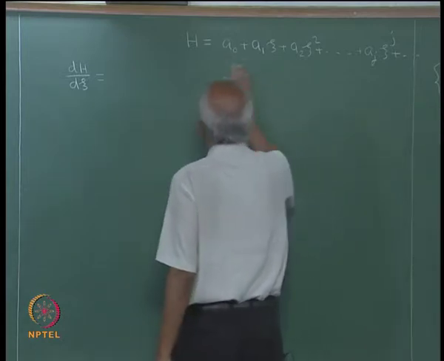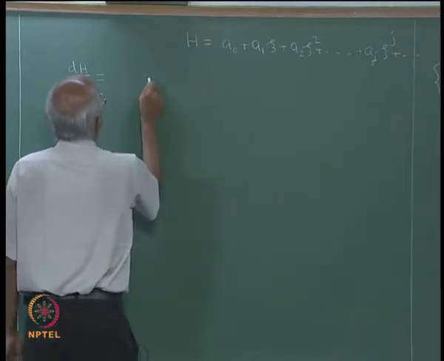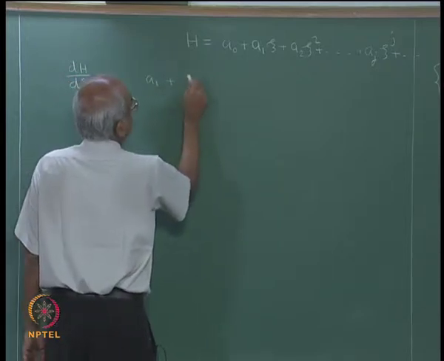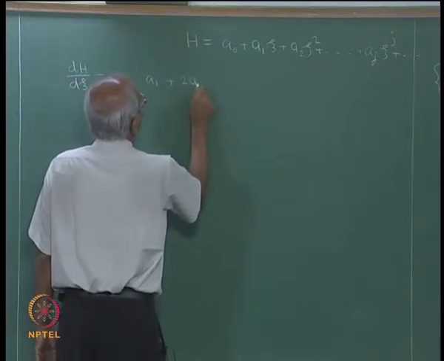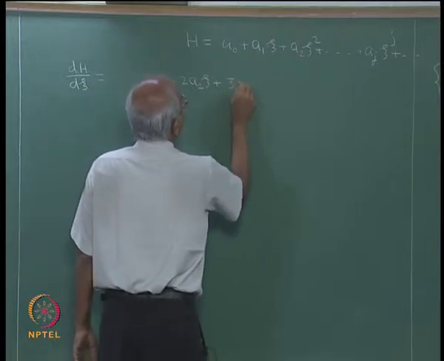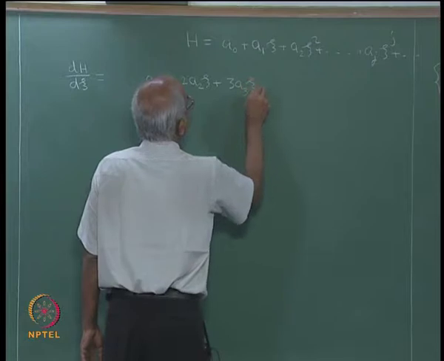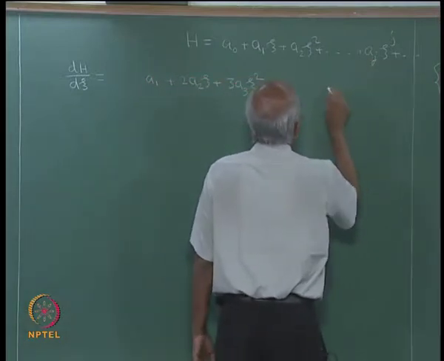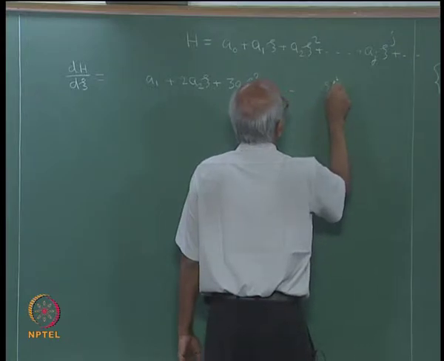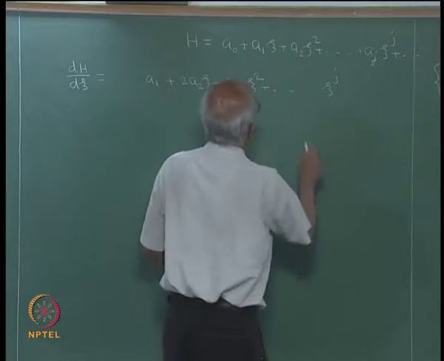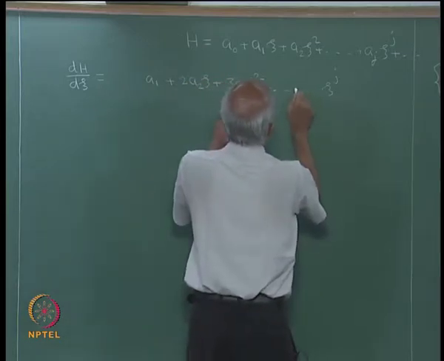Derivative of the first term will be 0, the second term will give me a1, next term will give me 2a2 c plus 3a3 c square plus etc. In general, what will be the general term? You will have c to the power of j multiplied by what will be the coefficient?